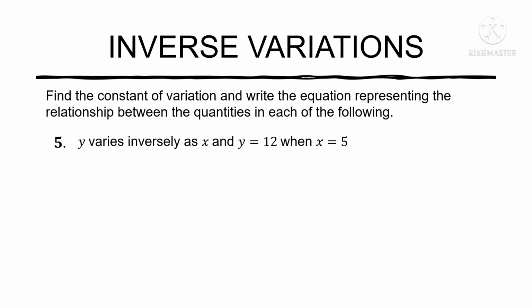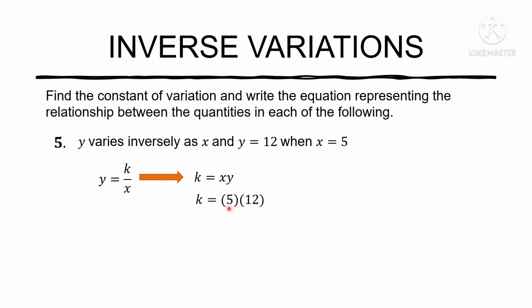First, we have to use again the model equation, y equals k over x, or we can simply write that as k equals xy. So, first, we use these two pair of numbers, 12 and 5. Isasubstitute din natin dito sa equation natin xy.